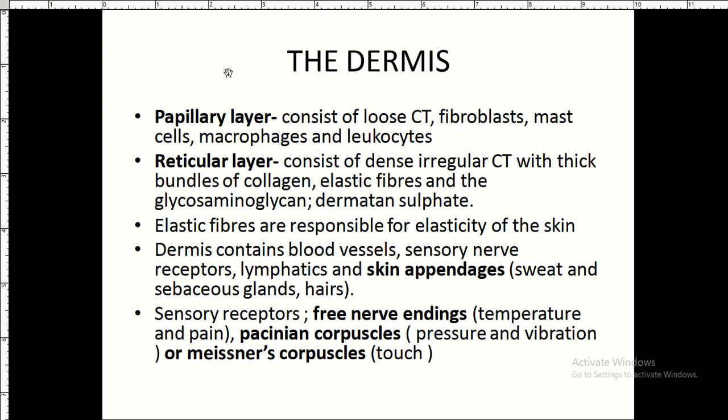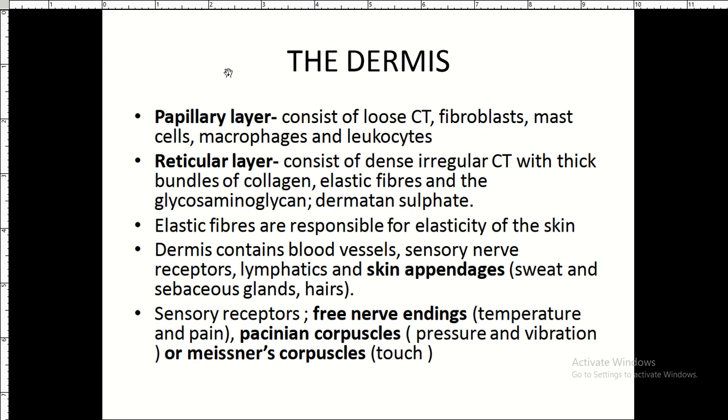The epidermis is avascular, so it depends on blood coming from the dermis. So the dermis is highly vascularized, right? The dermis contains blood vessels, sensory nerves for sensation, lymphatics, and skin appendages that we're going to talk about.